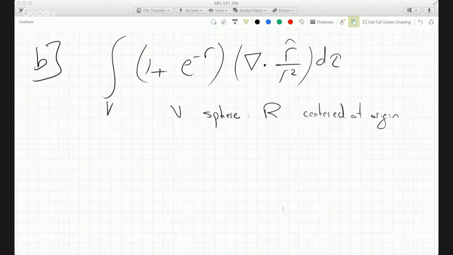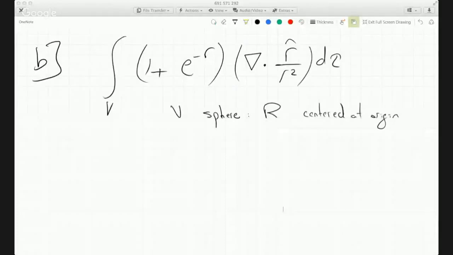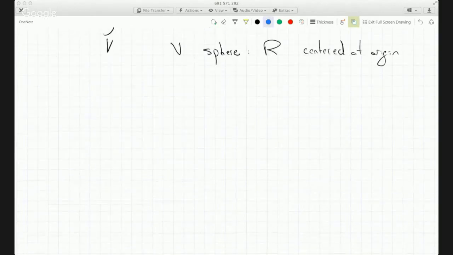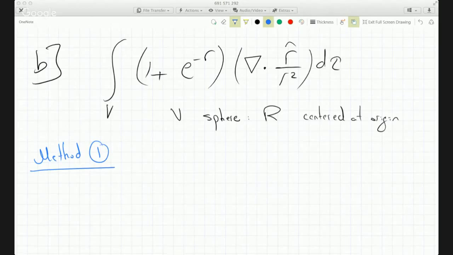So what we're going to do is do this in two methods. The first method is the straightforward one. So method one.